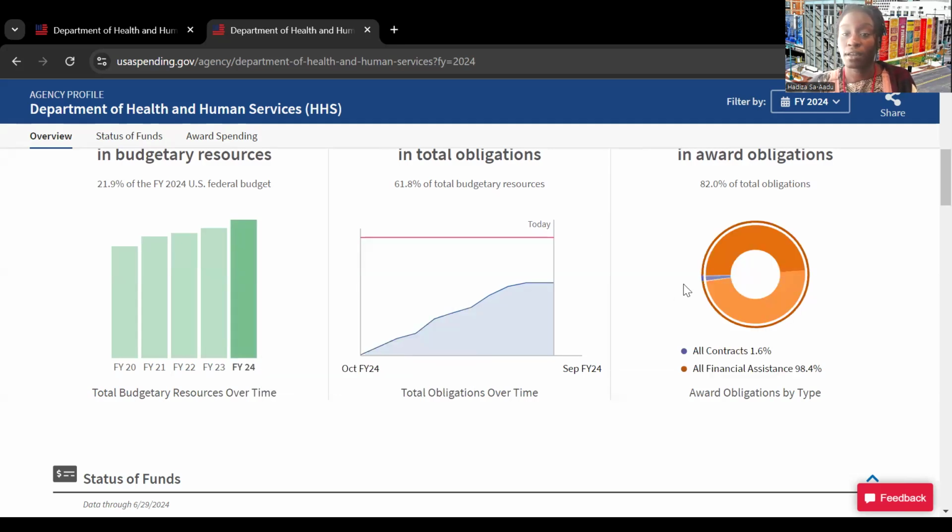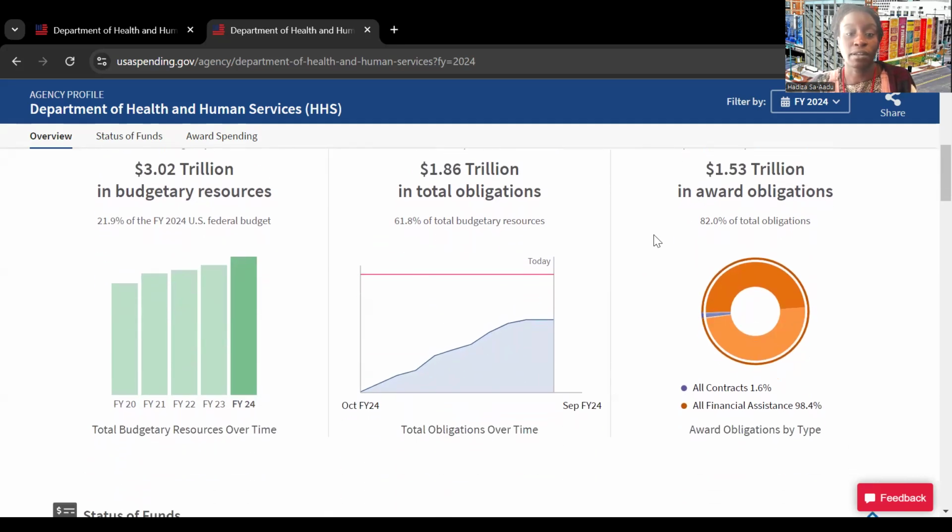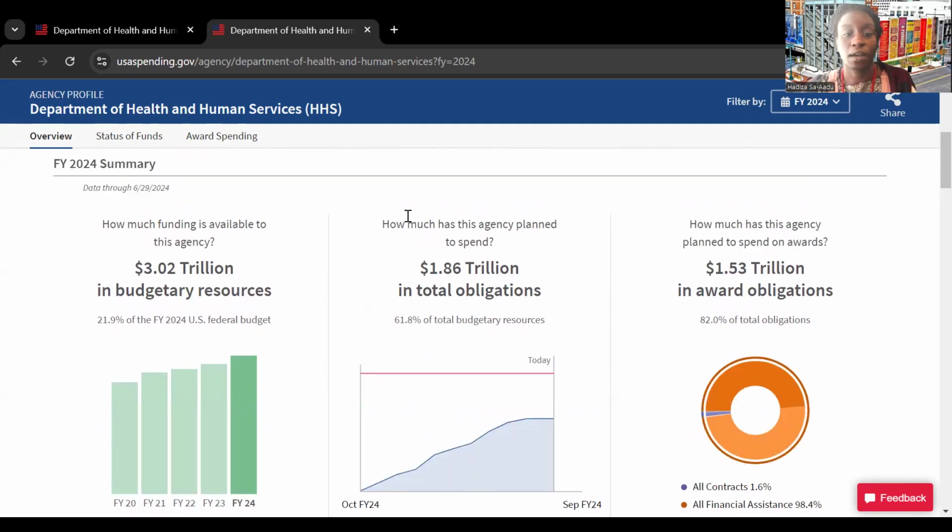Okay, so knowing that, we also know that this year they have not spent the full budget, and they plan as of today to spend 1.86 trillion of those obligations. So that's not really telling us what they intend to do through the end of the year.